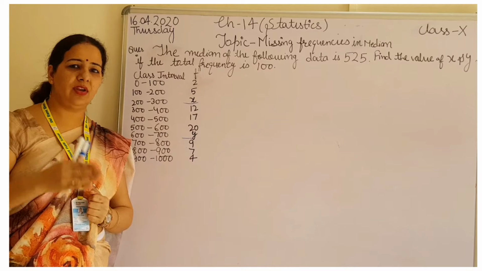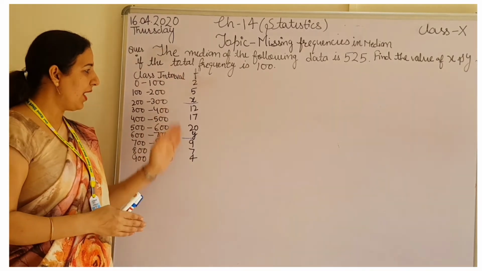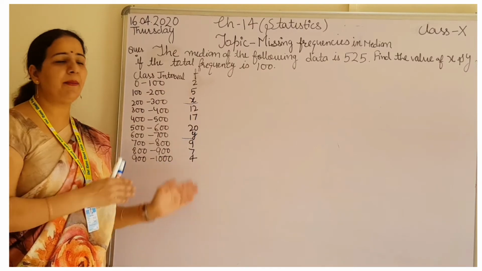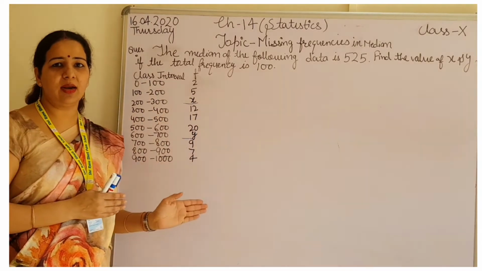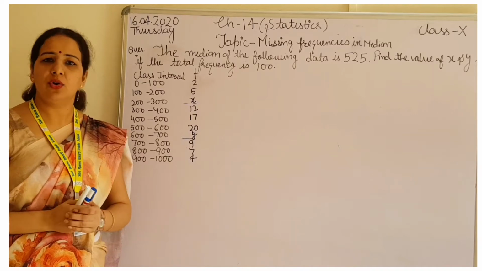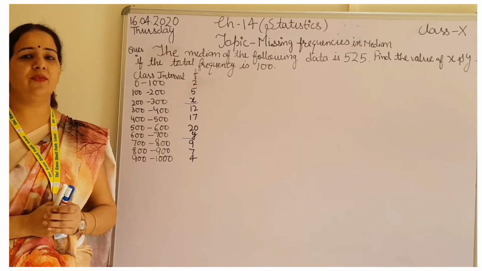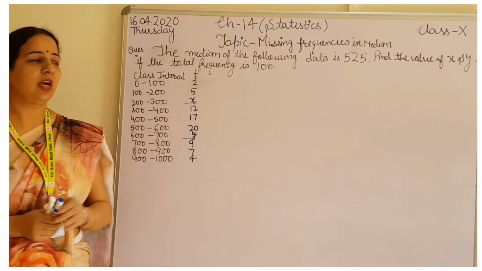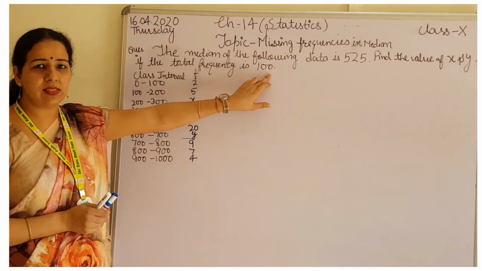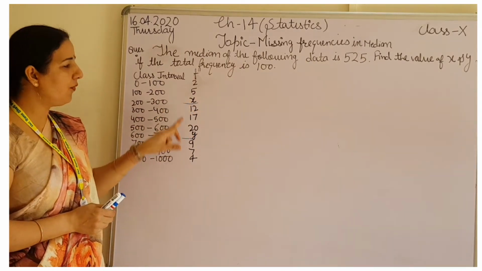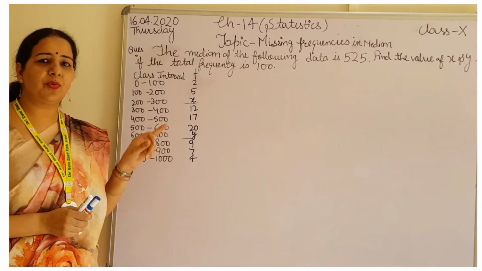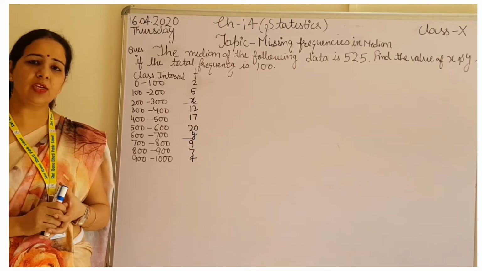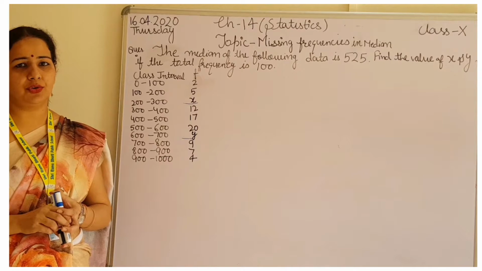If you have the total of this row and only one value is missing, it can be easily calculated by adding all the other numbers and subtracting from the total. That's why in one-variable-missing questions they never provide the total of the frequencies, but in two-variables-missing questions they always provide the total. So let's start the question.